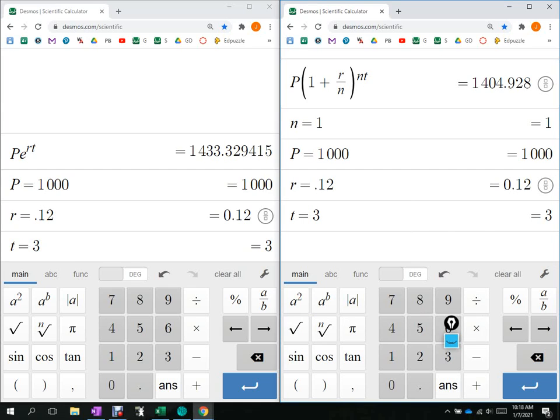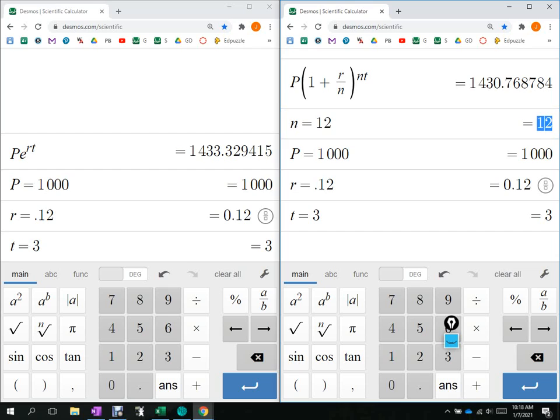But here we only compound it one time, so let's compound it maybe at the end of each month. So I change that to 12. 1430, it's greater than what it was when I compounded once, but it's still less than compounding continuously, right?